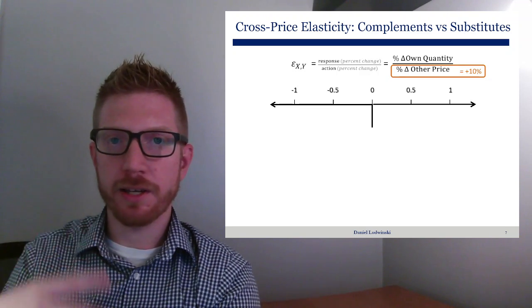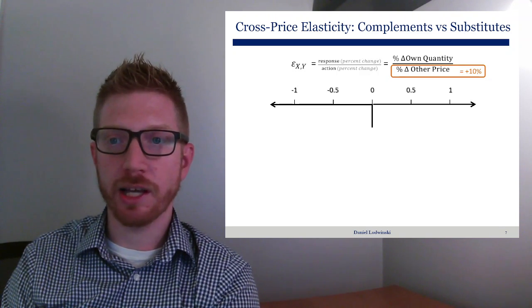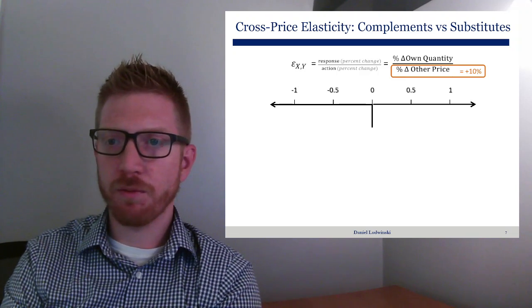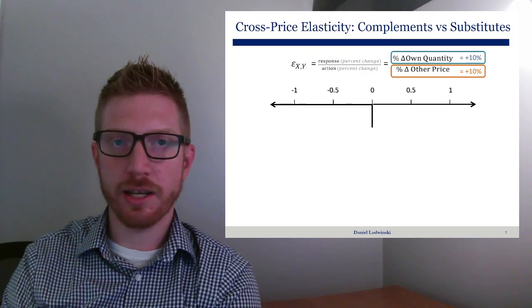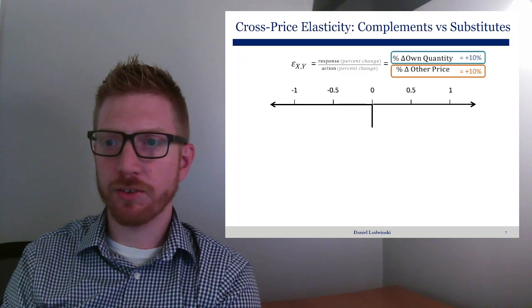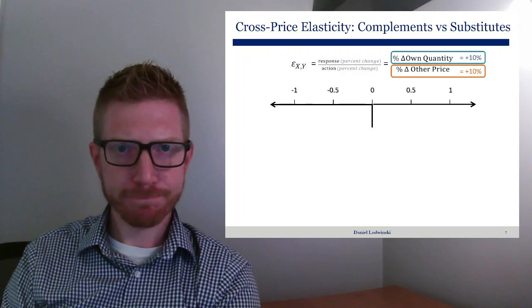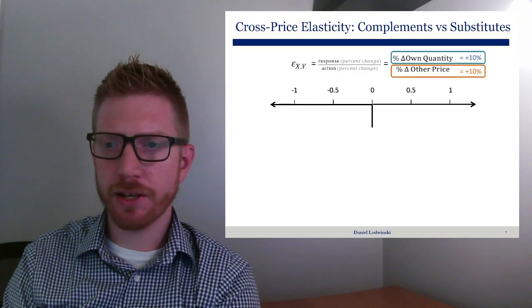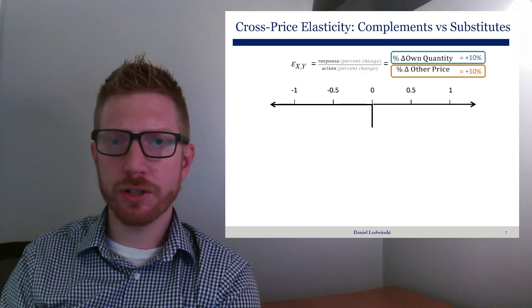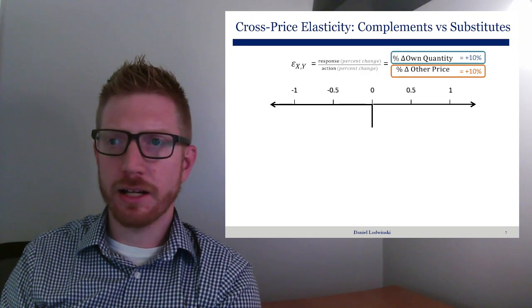So thinking about maybe a 10% change in a related good's price, let's think about maybe coffee here being the own good and maybe tea being the other good.